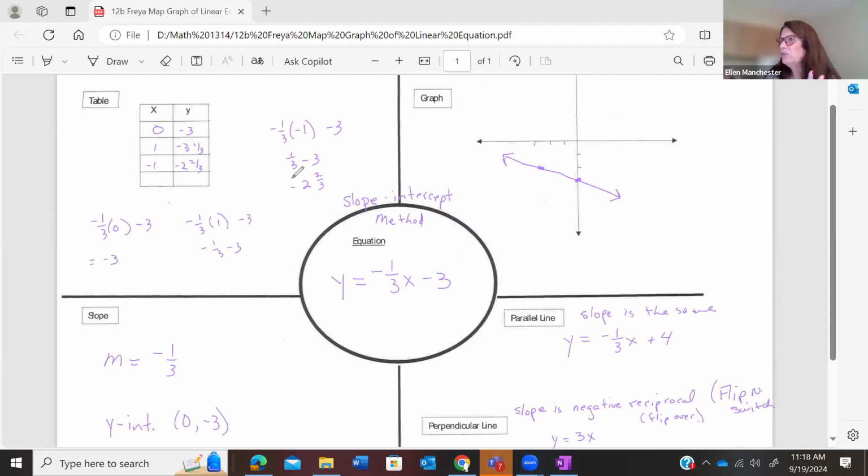So this is what you can use for your test next week. Whatever notes you need to put on there to make it easier, like on the graphing, if you want to graph: plot the y-intercept, and then rise and run, something like that.